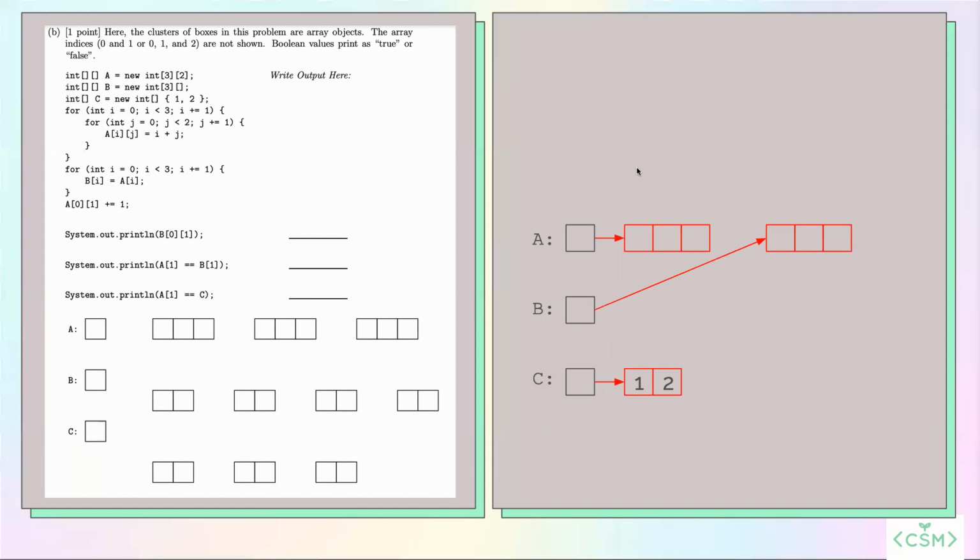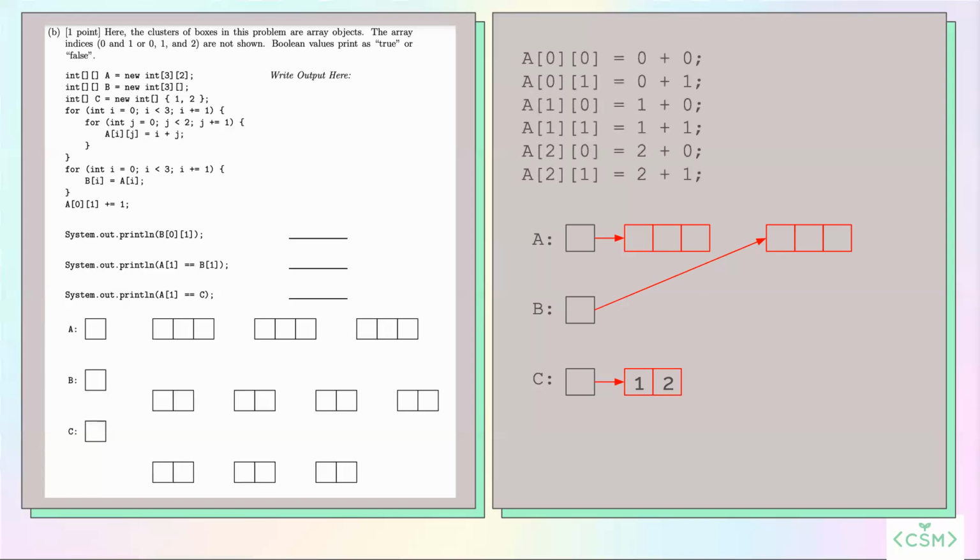Now, the next thing is we have a for loop and then a for loop within that for loop. The outer for loop, with the variable I, goes from 0 to 3, excluding 3, so it'll go 0, 1, 2. And the inner for loop, J, goes from 0 to 2, excluding 2, so it'll only go 0, 1 before moving on to the next iteration. I'll show you all the different iterations.